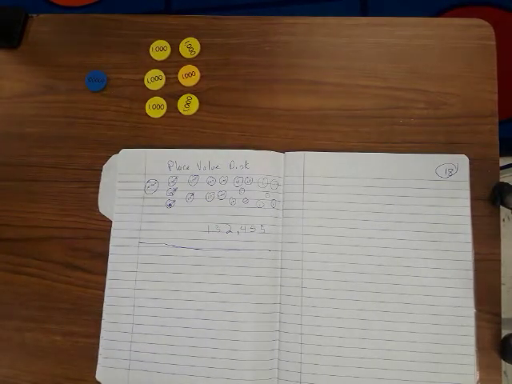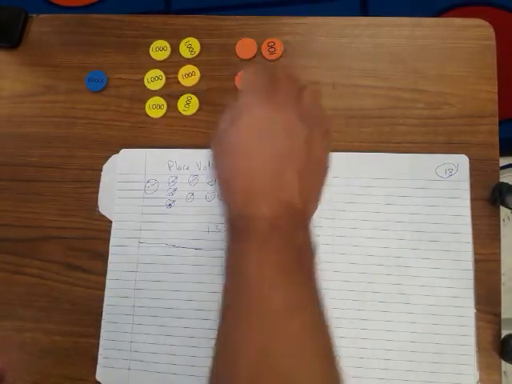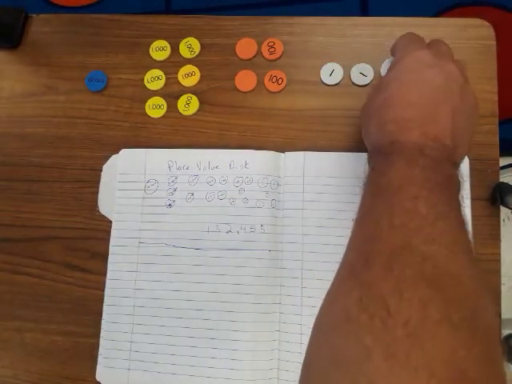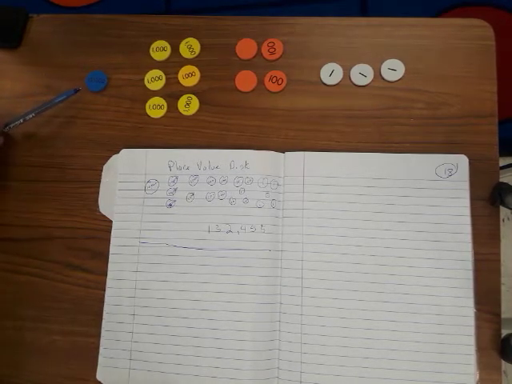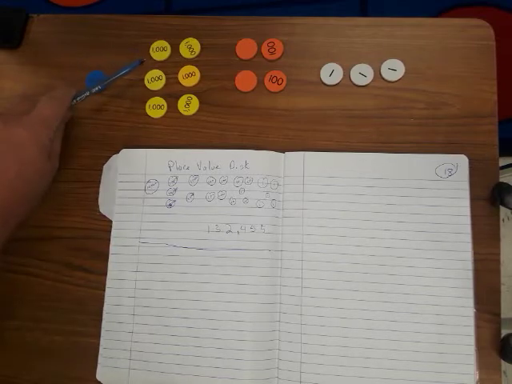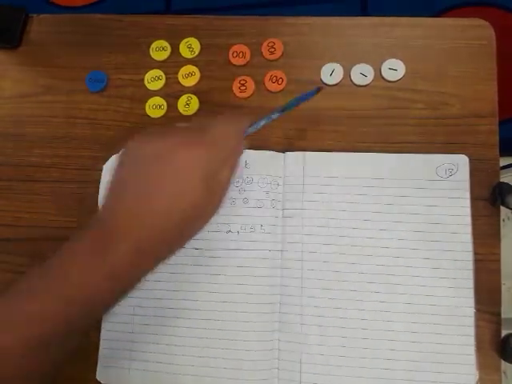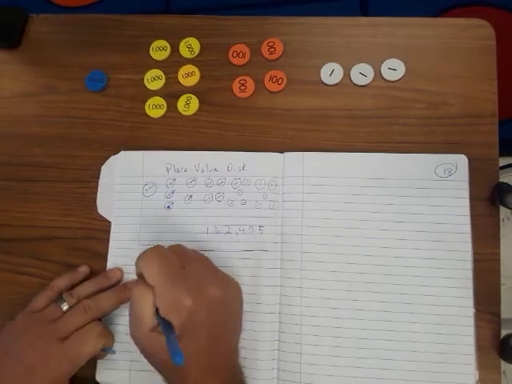And do 400s and 3 ones. So, like for expanded notation, that'd be 1 times 100,000, 6 times 1,000, 4 times 100, and 3 times 1. But I'm going to draw it, real simple. You just draw in circles.